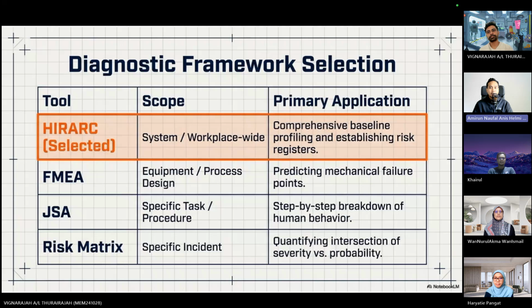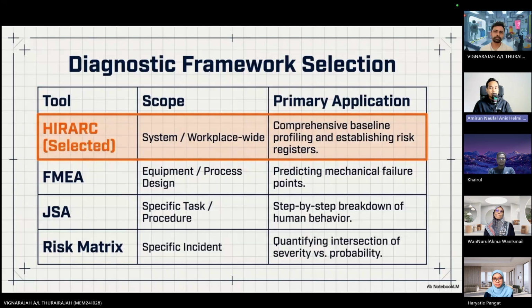As we can see, for HIRA the scope is workplace-wide, a comprehensive baseline profiling and establishing a risk register. FMEA is more detailed, focused on engineering control detail and predicting mechanical failure points. Job safety analysis is focused on a specific task.